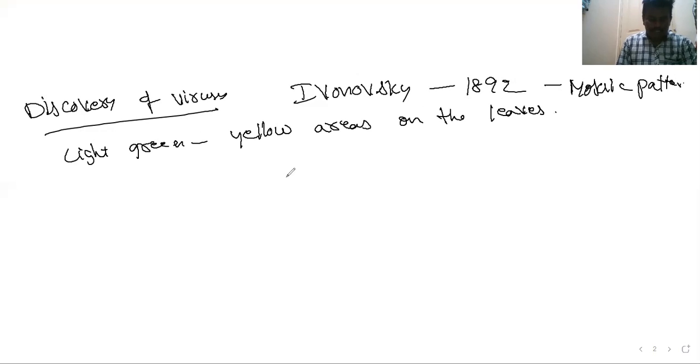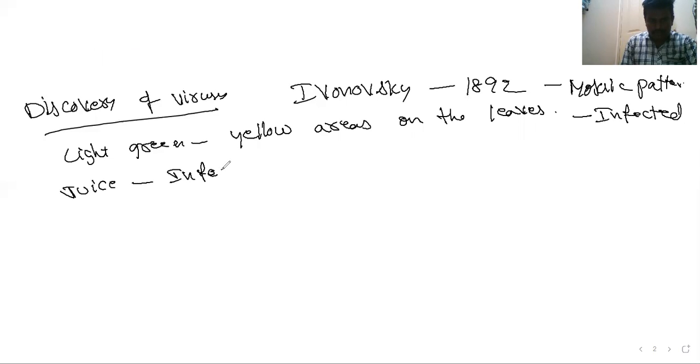Ivanovsky prepared an extract of infected leaf juice. The juice contains some infectious agents which cause the mosaic pattern disease.